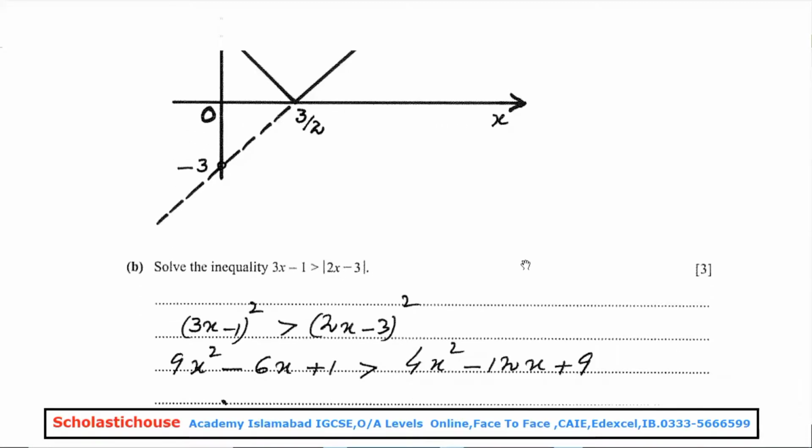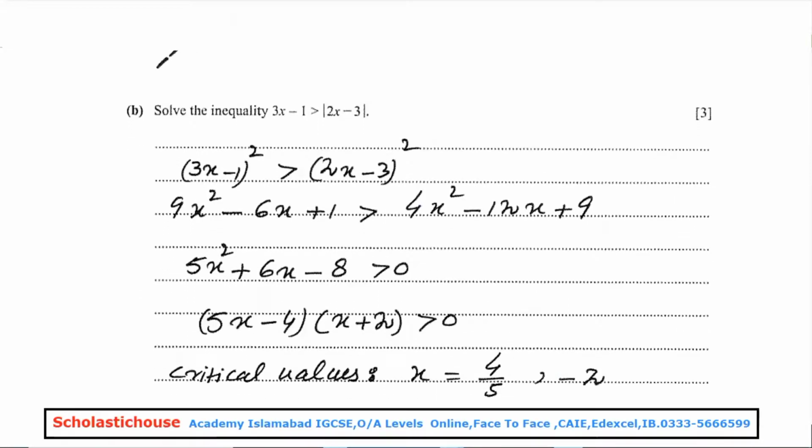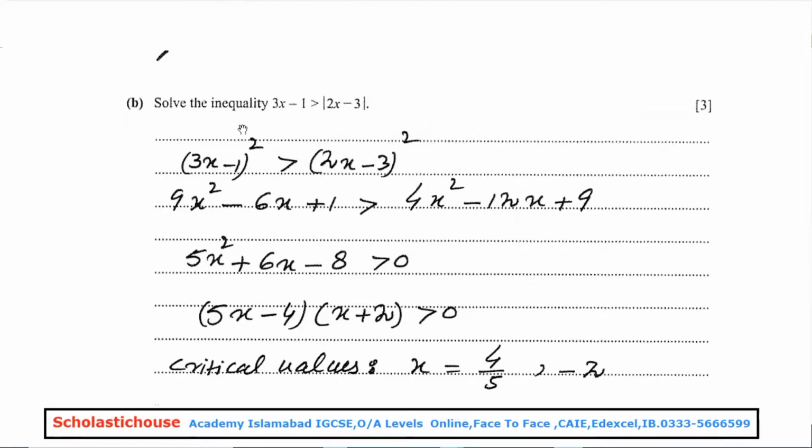Basically, now I'm doing part B. Look at the question: solve the inequality 3x minus 1 is greater than modulus of 2x minus 3. You can see in the left part of the inequality there is no modulus, so I'm using the squaring method. Taking square on both sides and using identities, we finally have a quadratic.